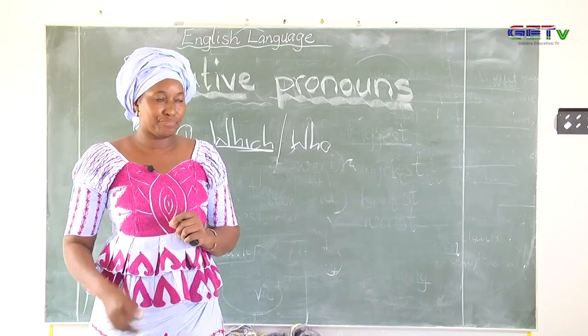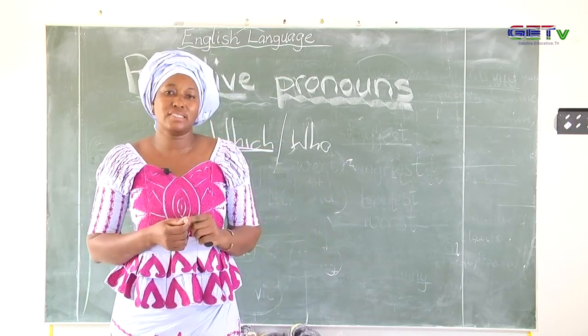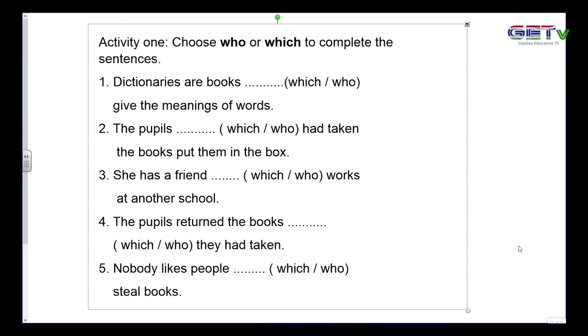Activity 1. Choose who or which to complete the sentences. In this particular activity, we are only taking 2 relative pronouns, and that is who or which, to complete the sentences. And 1, I read: Dictionaries are books that give the meanings of words.